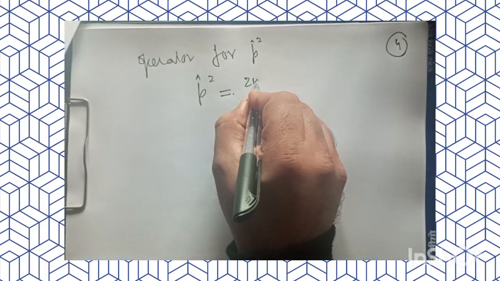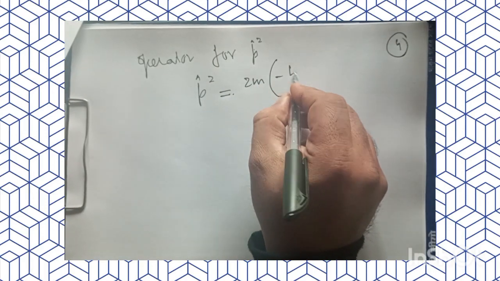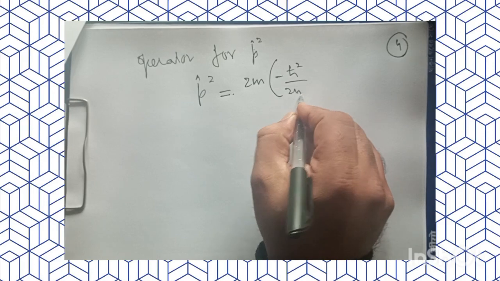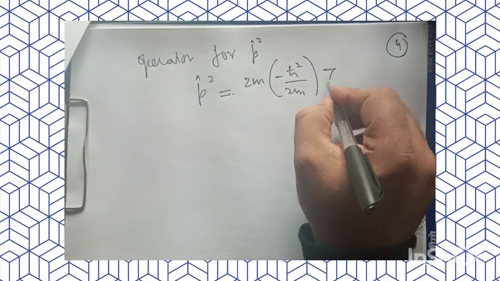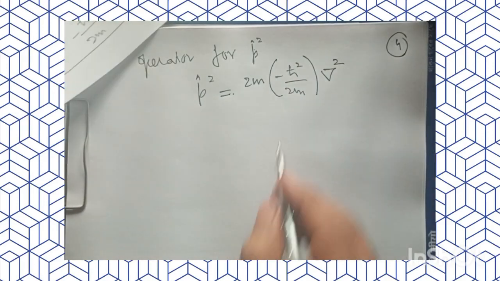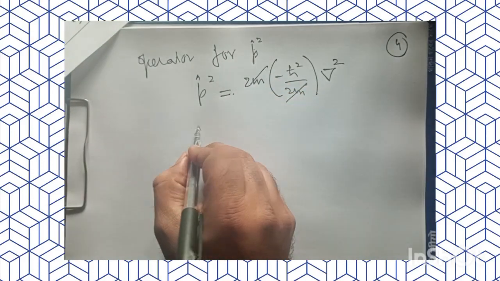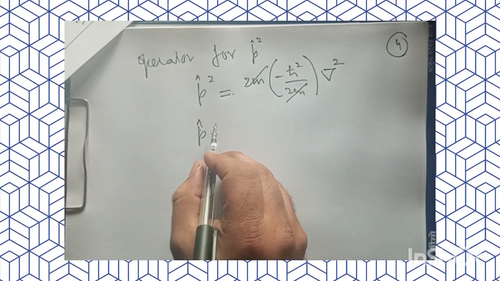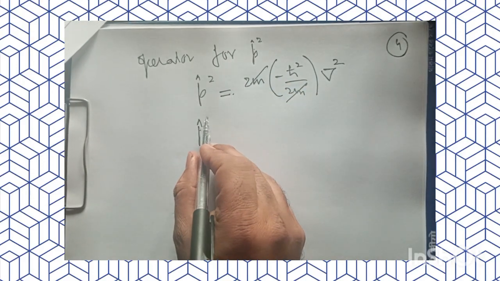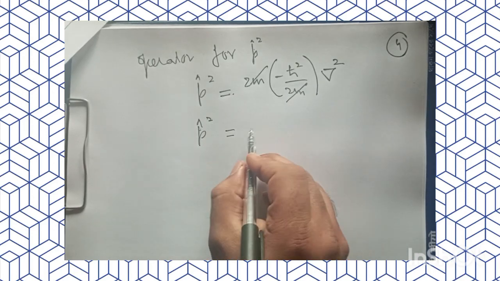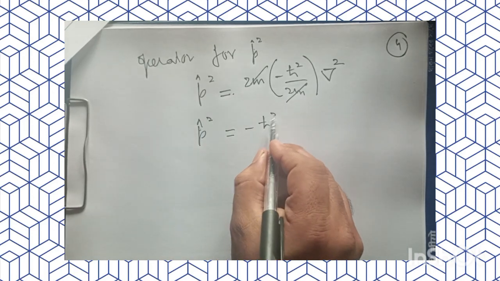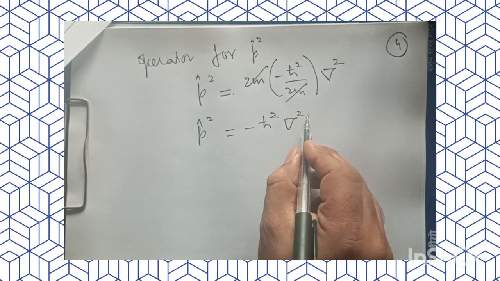So this will be 2m times minus h bar square by 2m del square. So this 2m and 2m will go. So for momentum, I have momentum square operator is basically minus h bar square del square.